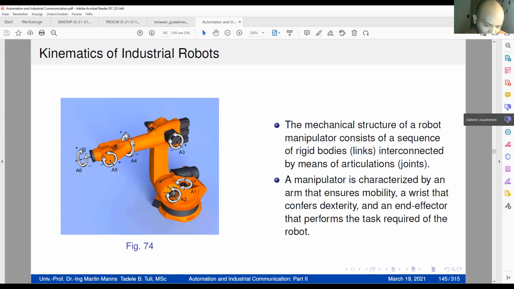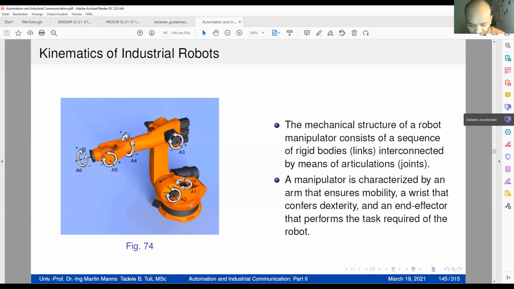This joint variable means you have theta, for example, here A1, A2, A3, A4, A5, A6. This is the axis of rotation. So as some of you asked yesterday, we know the orientation of rotation based on the arrow. On this arrow, it is telling us there is a rotation about the given axis.